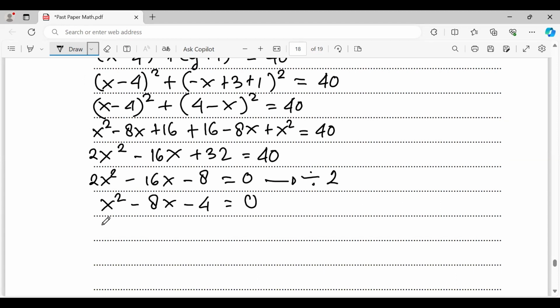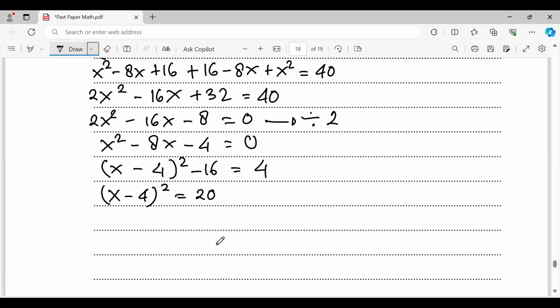And then we're going to complete the square, being x minus 4 squared. This negative 4 moves here, and then this should be 16, minus 16. So it's going to be x minus 4 squared equals 20.